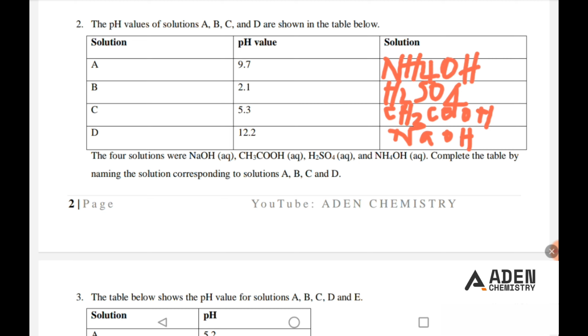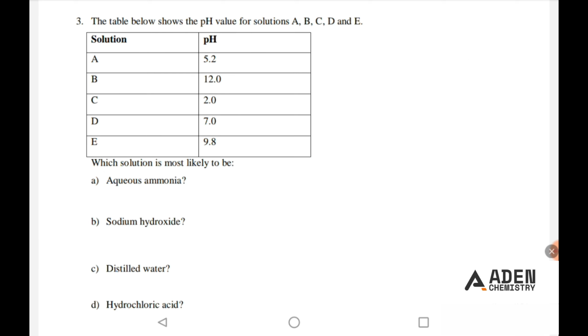We are going to proceed to example number 3. So in example 3, we are told the table below shows the pH value for solutions A, B, C, D, and E. The way you see, we have this column for solutions and here for pH values. So we are told which solution is likely to be aqueous ammonia. So what's aqueous ammonia? It's a base. So is it a strong base or weak base?